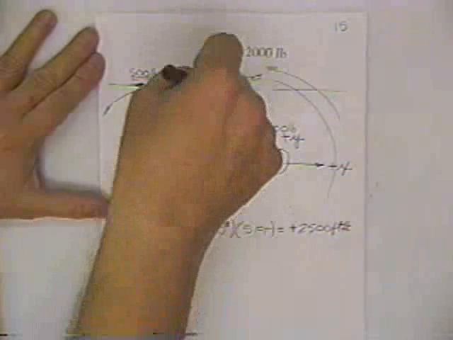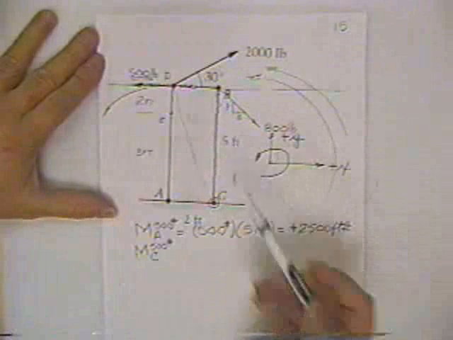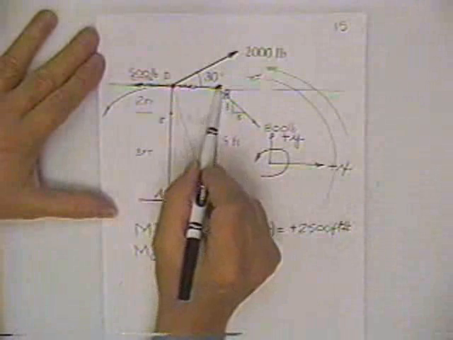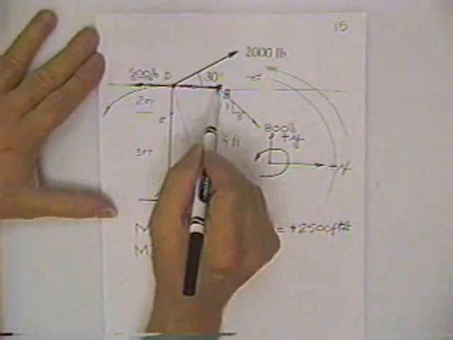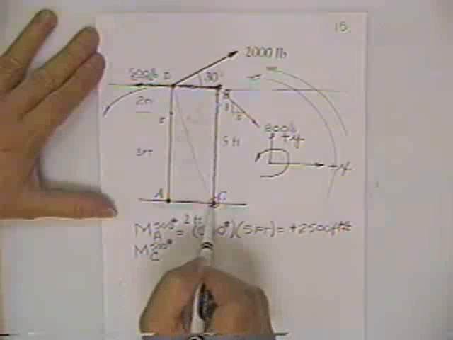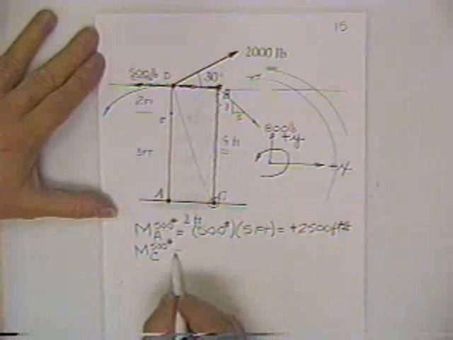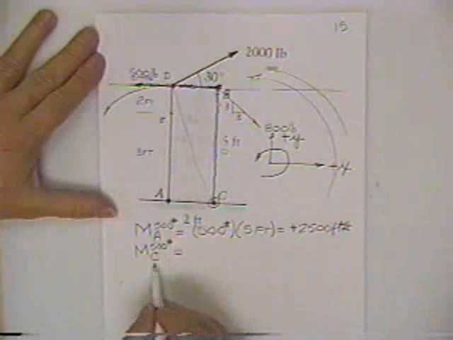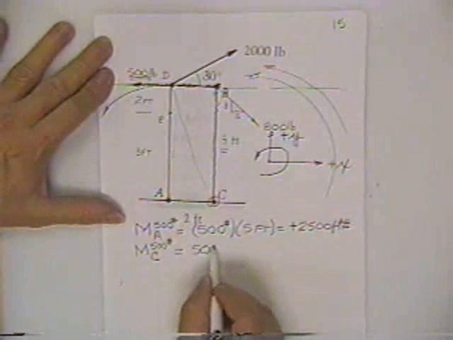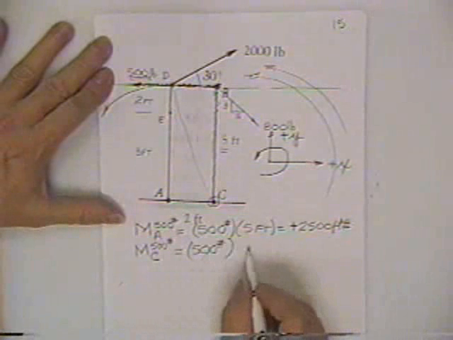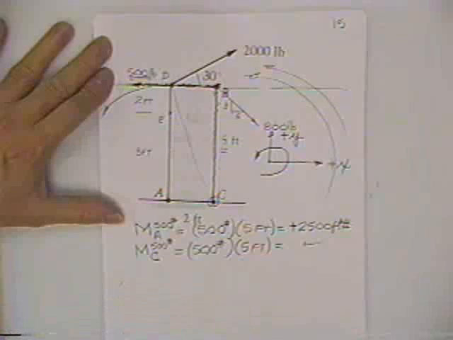This is as close as it's ever going to get to point C, and therefore I tie the string to the force right there. The length of the string that I tie is 5 feet. It's a 5-foot string, and therefore the moment of the 500-pound force about point C is equal to, first you take the magnitude of the force, then you multiply it times the moment arm, and we get the same thing as we got before.